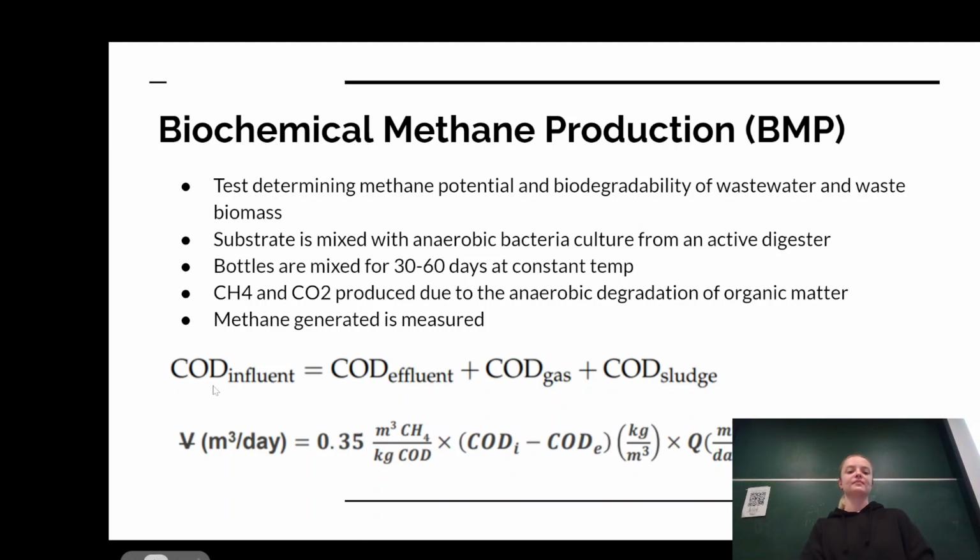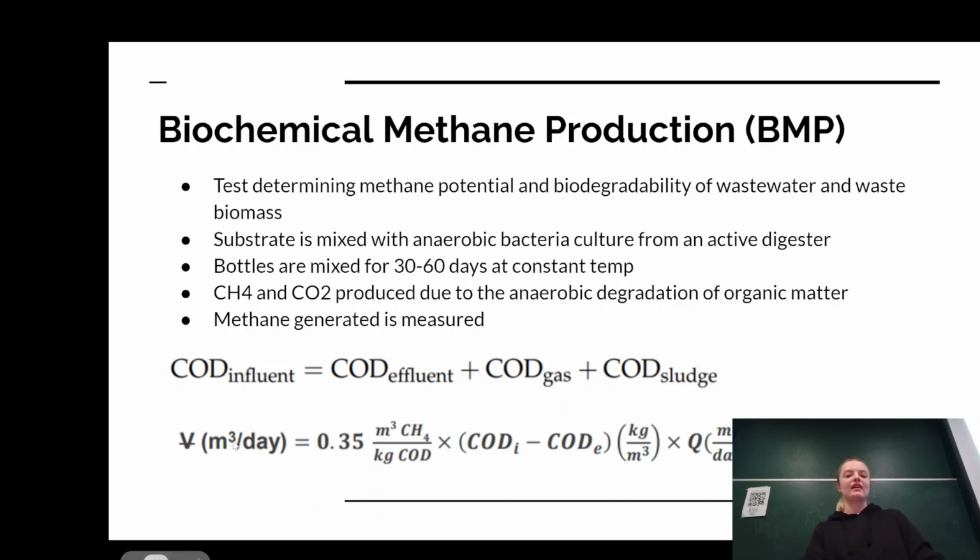So we've got a couple of equations down here that they usually use for calculating the amount of methane that gets produced. We want to see our chemical oxygen demand that's going in, so that's our influent, and that's equal to the stuff that's coming out, so that's the effluent, plus the stuff that's in the gas, plus the stuff that's in the sludge.